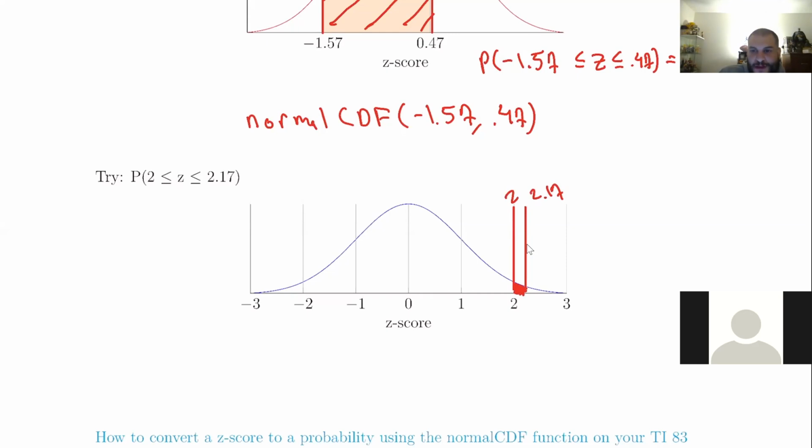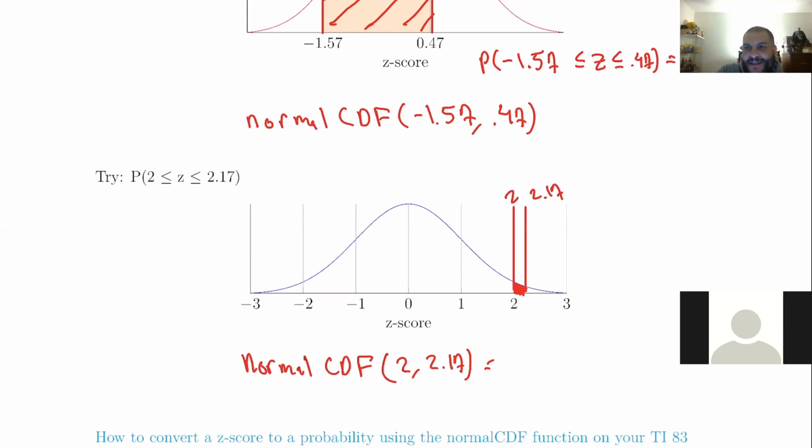So let's go ahead and do this. For this, we want to do normal CDF. The lower bound, the lower part that gets shaded, is 2. The upper bound, the highest value that gets shaded, is 2.17. If you look at that, the slice isn't a really big slice, so we shouldn't expect that big of a probability.